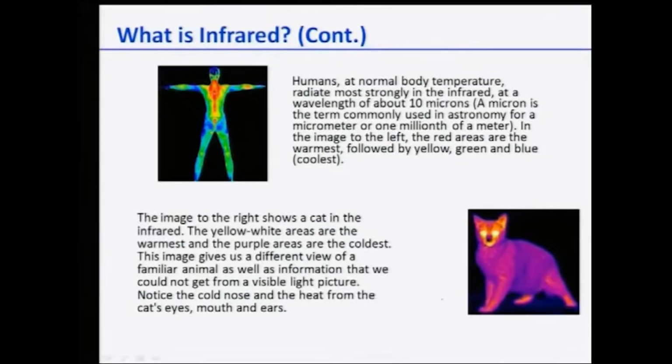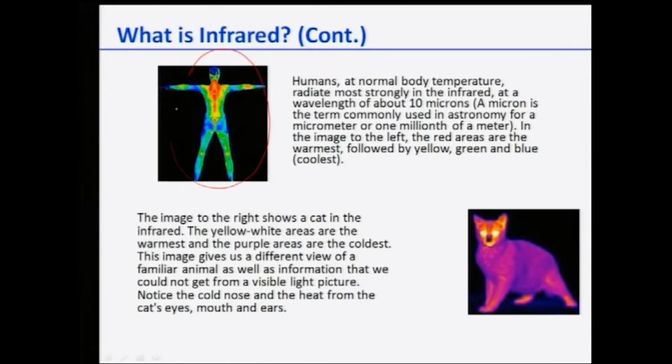Most human beings at normal body temperature radiate strongly in the infrared region at a wavelength of about 10 microns. In the image shown on the left part of this figure, the areas which are red and yellow are the highest temperature regions, as you can see.